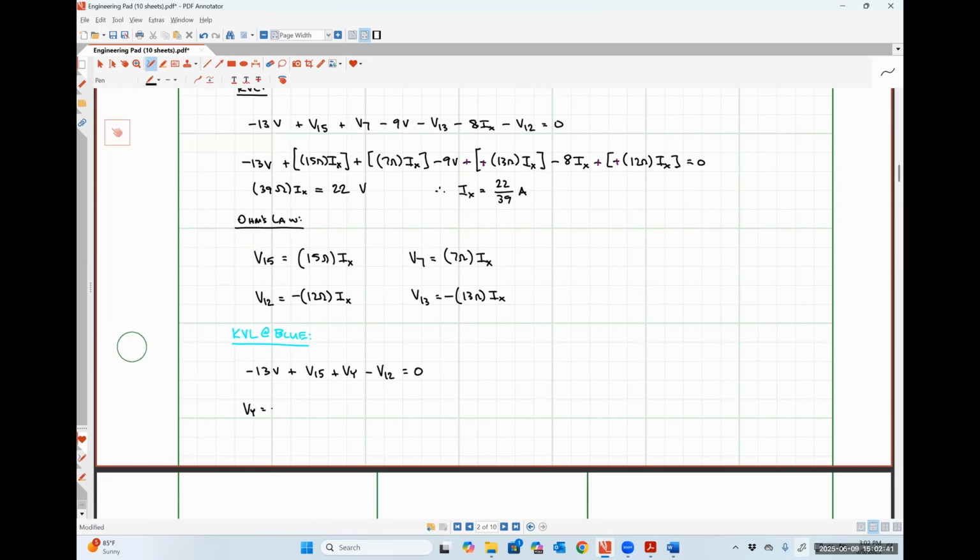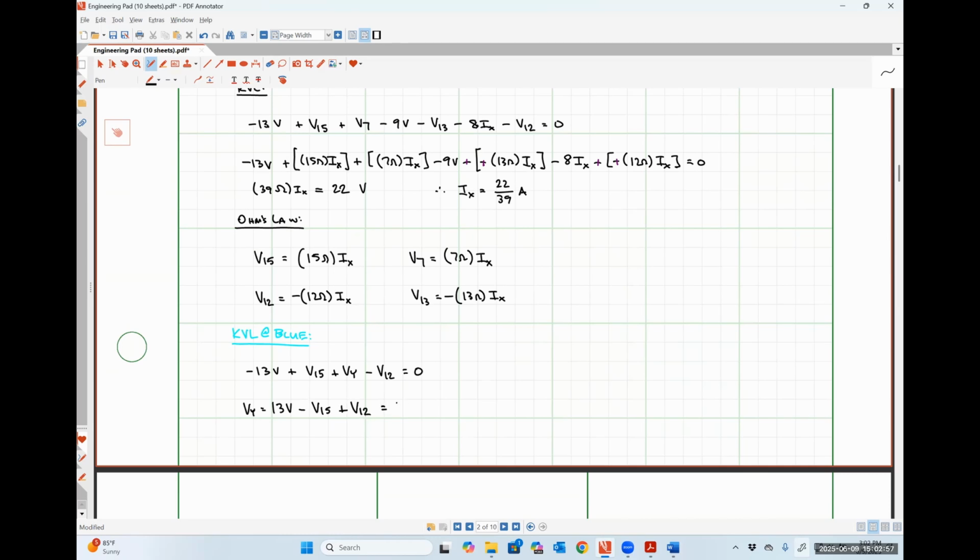So there's my Vy. I'm going to move the 13 volts over, move that V15 over, move that V12 over. And now I'm going to substitute in.